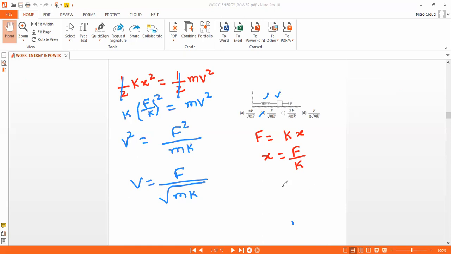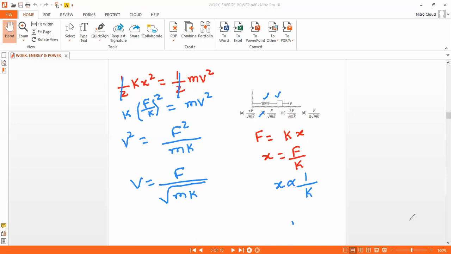When force is constant, the extension or change in the length of the spring is directly proportional to the force. And they gave it in terms of F and K only. So that's why I need to replace x.